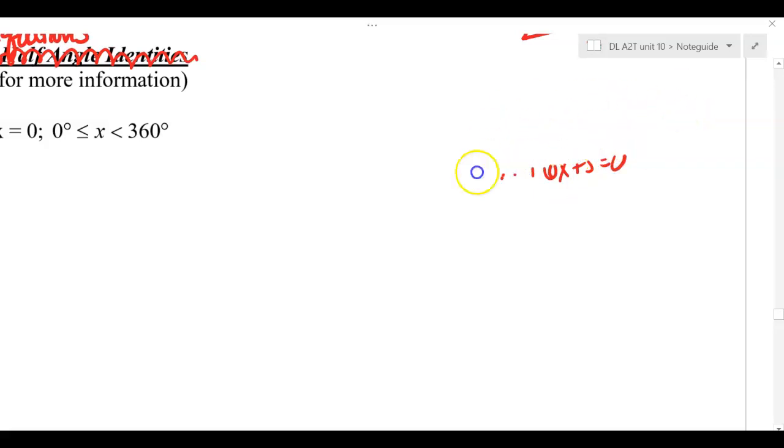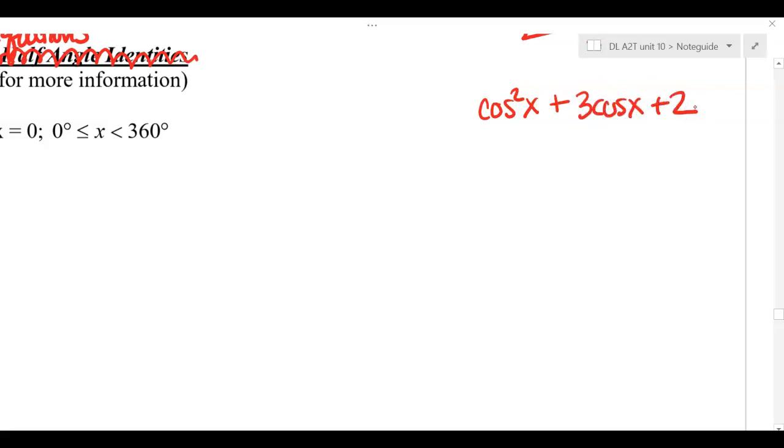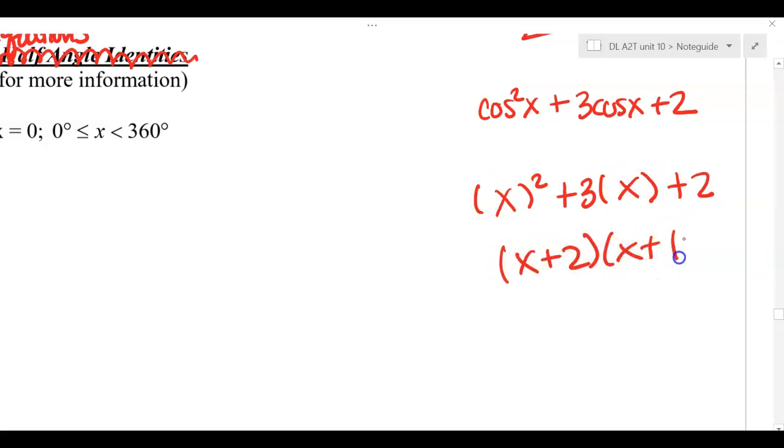So the reason I point that out is, if you see something like this, this is a quadratic because there's something being squared plus 3 times something plus 2. When that's an x, you guys are really comfortable saying that's x plus 2 times x plus 1.